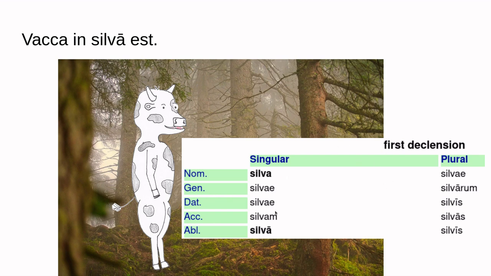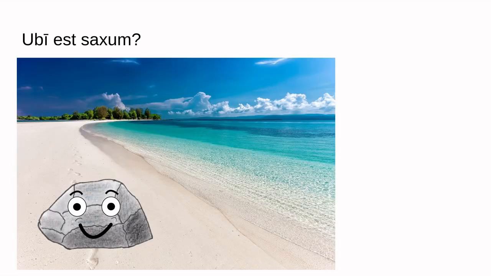It's first declension, so the ablative form, you just throw a macron over that A. So instead of silva, long, short, it's silva, long, long. If you're a native English speaker, it might be difficult to really make that come out as a difference because we're used to accent-based words as opposed to syllable length words. So, vaca in silva est.